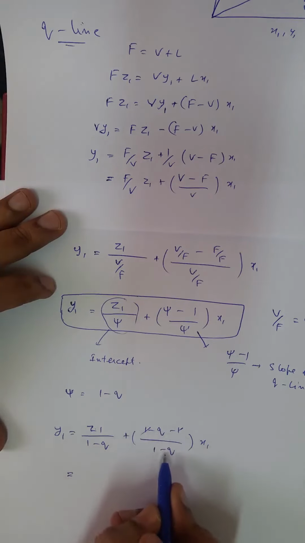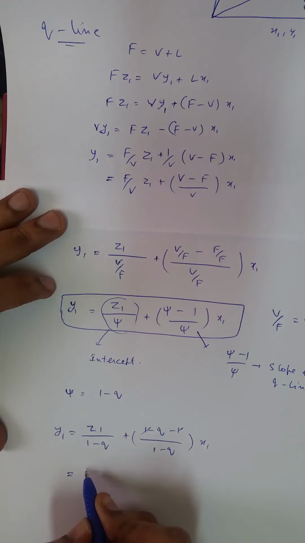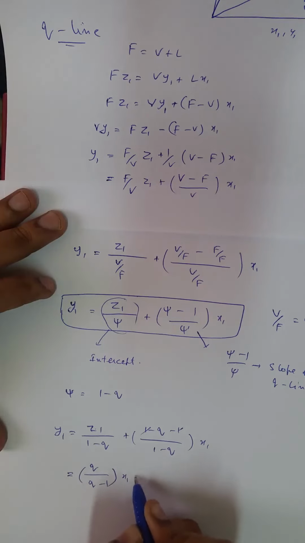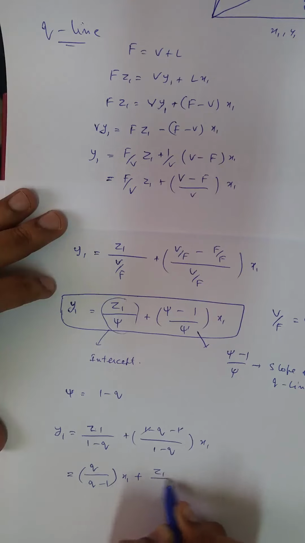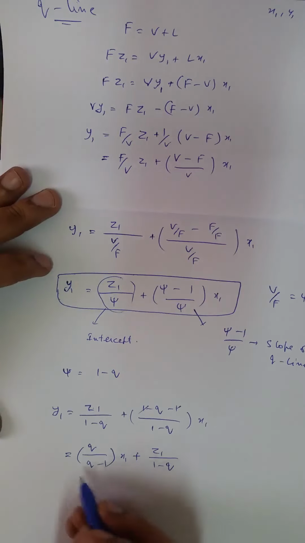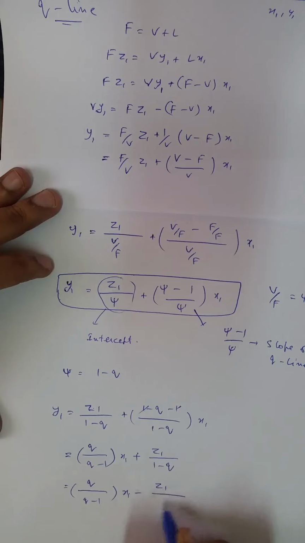We flip this one, so it will be q over q minus 1 x1 plus z1 over 1 minus q. But if you want the same q minus 1, then we can write q over q minus 1 x1 minus z1 over q minus 1.